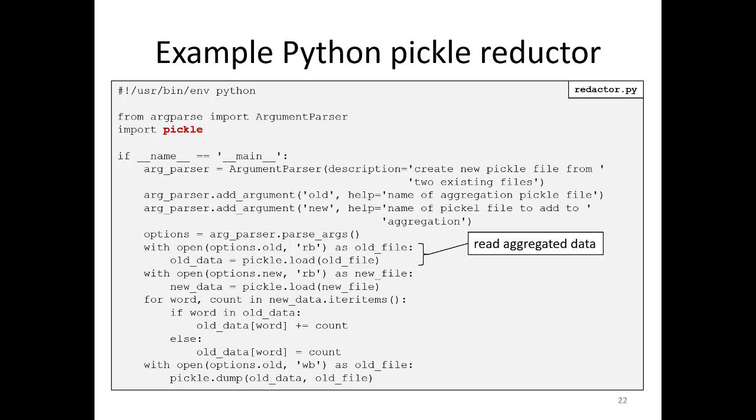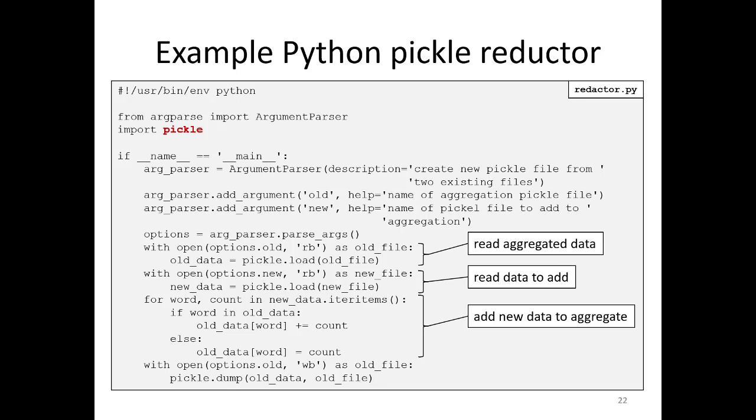So the first thing to do is to read the aggregated data, then to read the data to add, then the data is added to the data structure, and the updated data structure is written as aggregated data in a new pickle file. So that's basically the idea. And this is executed for each data item.